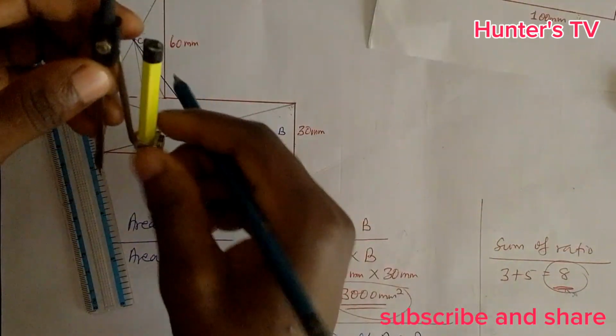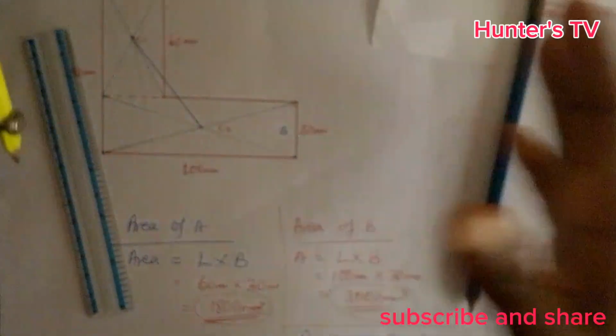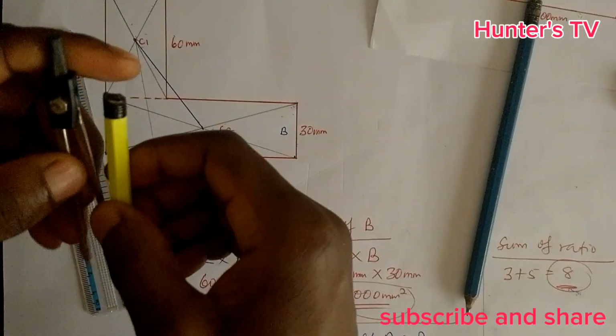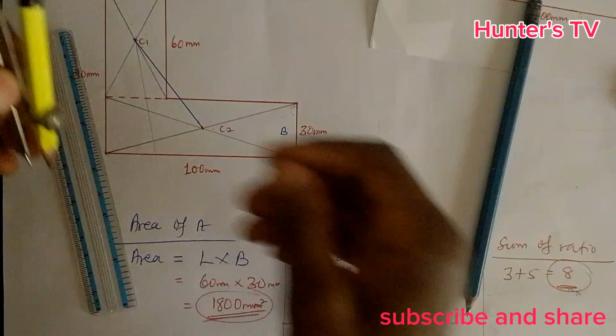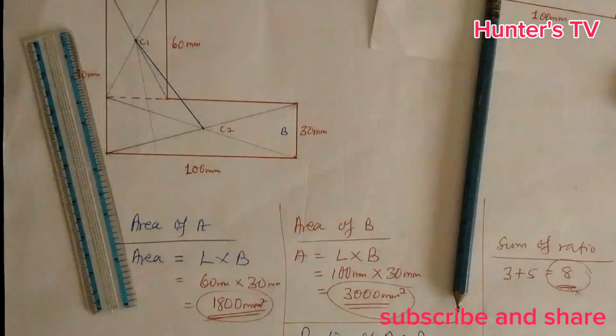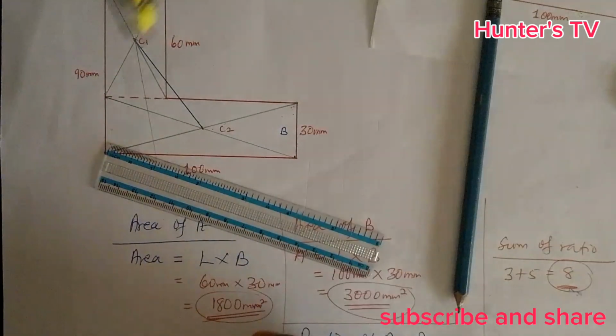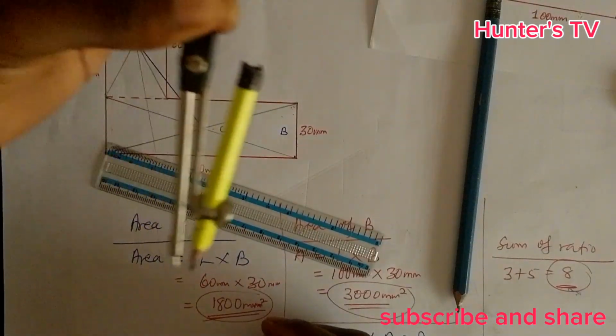Then you open your compass according to the space you're going to divide. It shouldn't be too wide, it shouldn't be too small. So use a suitable radius. So I'm going to divide it into 8 equal parts. Okay, so we're going to use this distance.